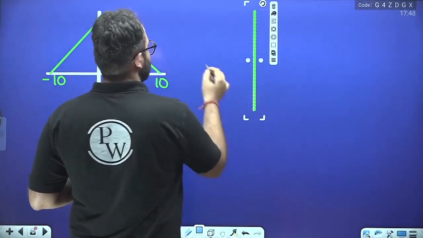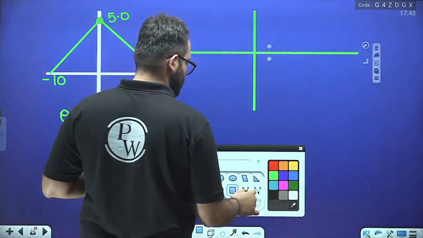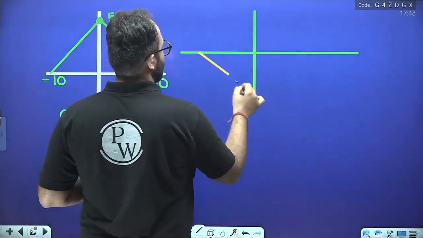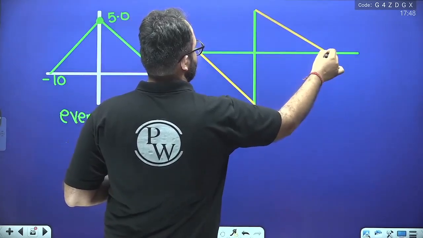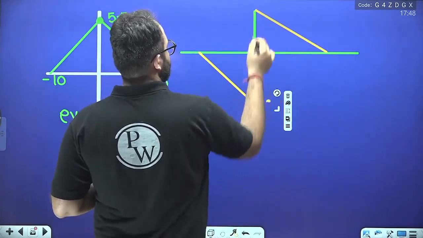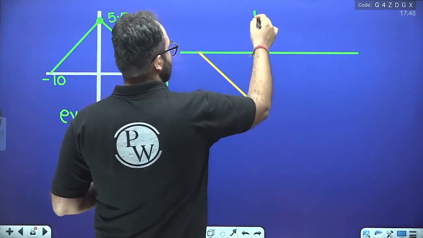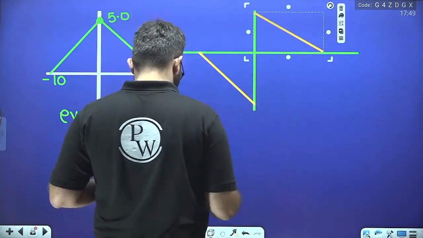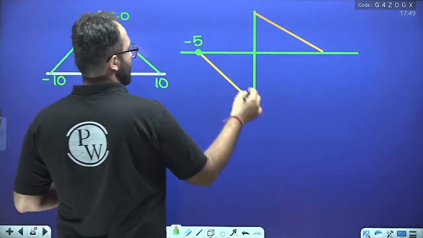Similarly, we have anti-symmetric signals. Suppose this is a signal. At 0, there is a discontinuity. We can see that minus 5 and the height is minus 10.